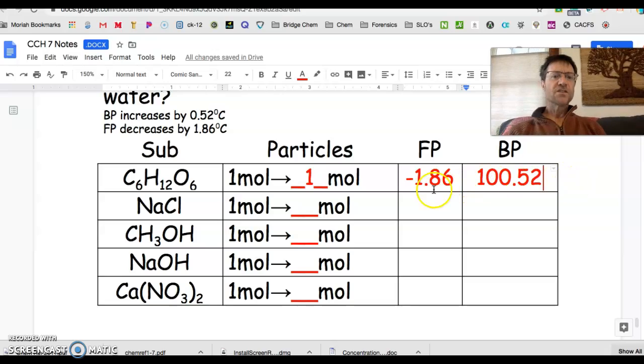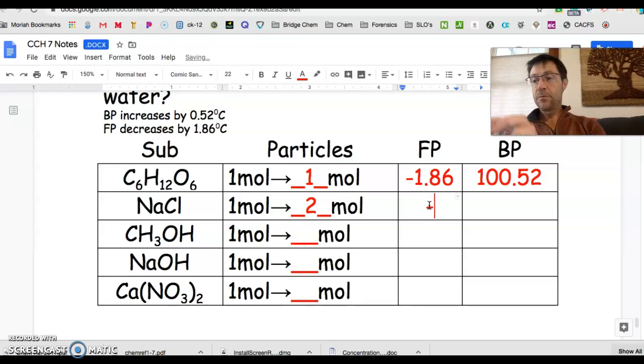You dig there? So now this one, let's come over here. NaCl. It's ionic. How many ions will that make? I'll give you a minute. That's right. This will make 2 dissolved particles. So this will be not 1.86, but 1.86 times 2.